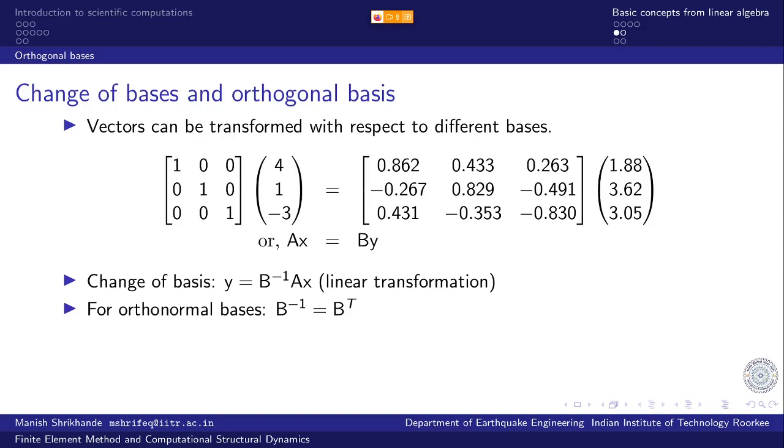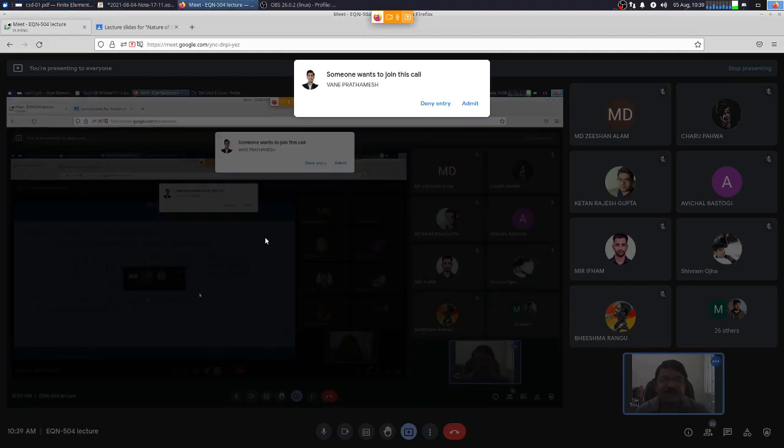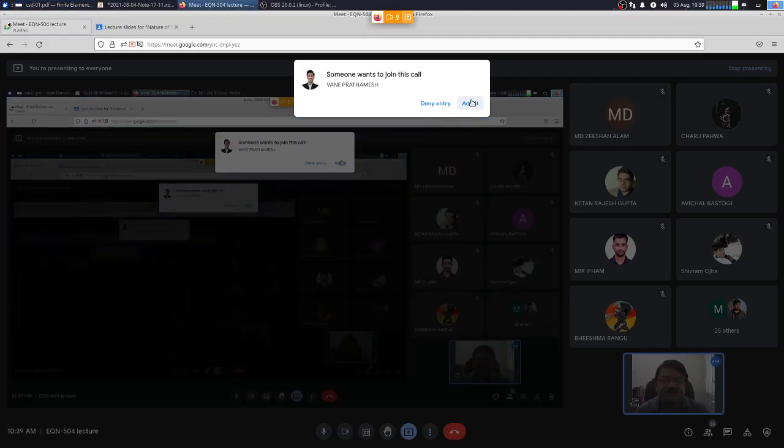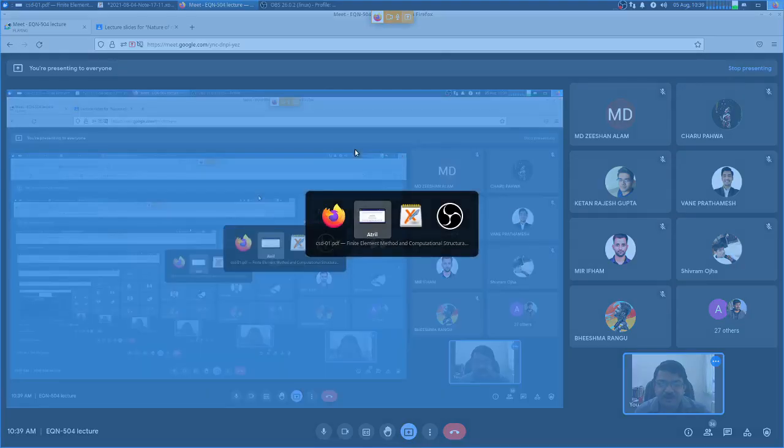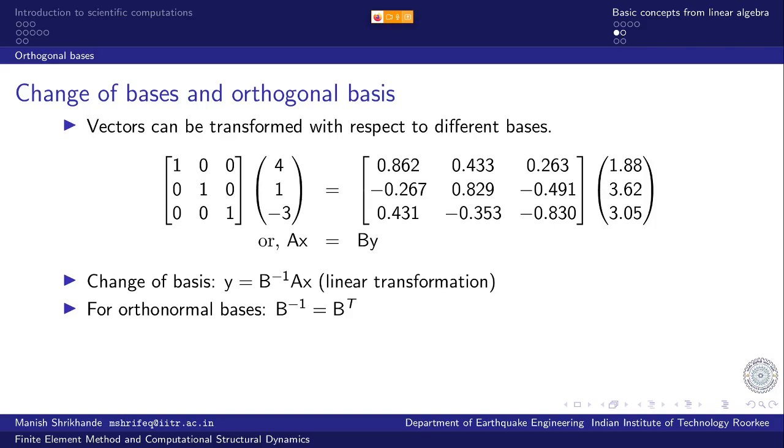So I can actually compute the solution y is equal to B inverse Ax as y is equal to B transpose Ax, if matrix B is an orthogonal matrix, right?